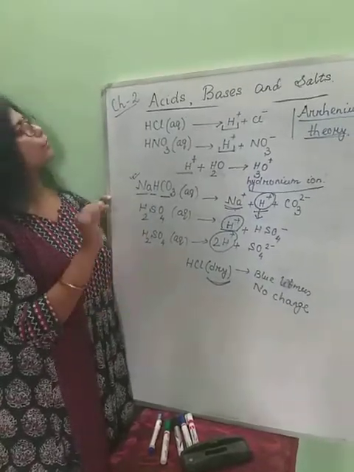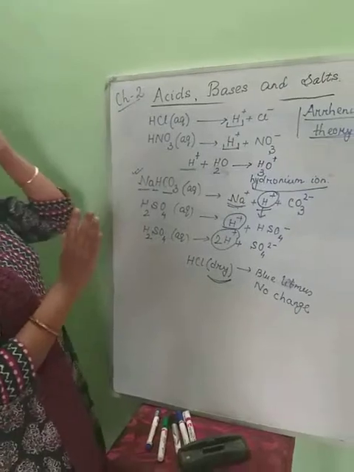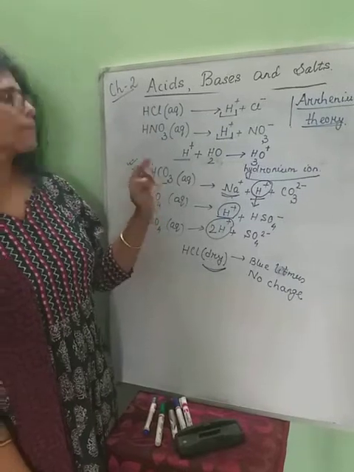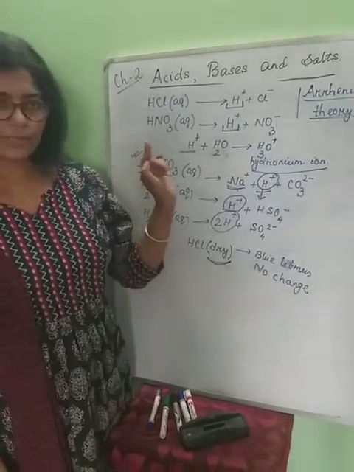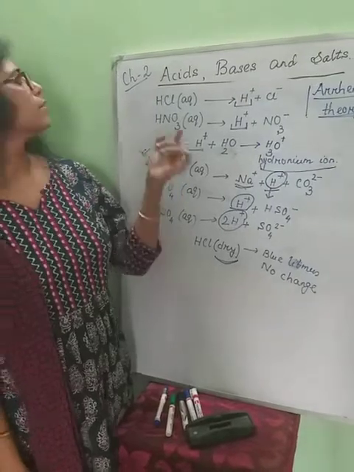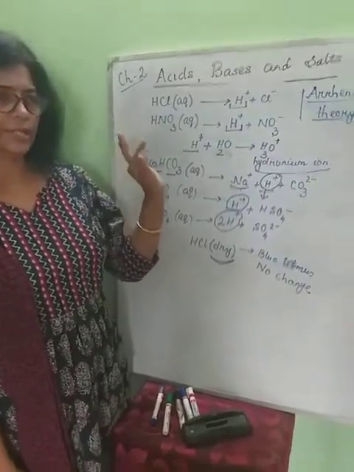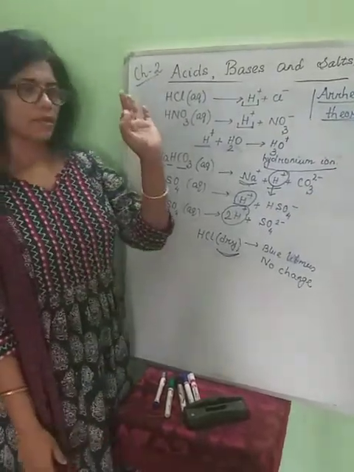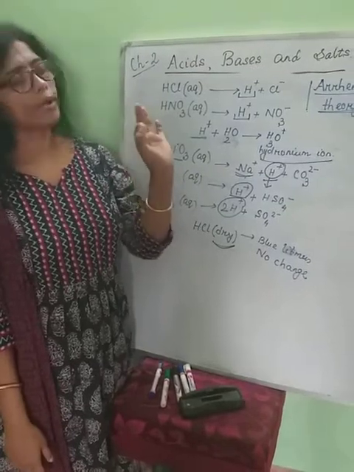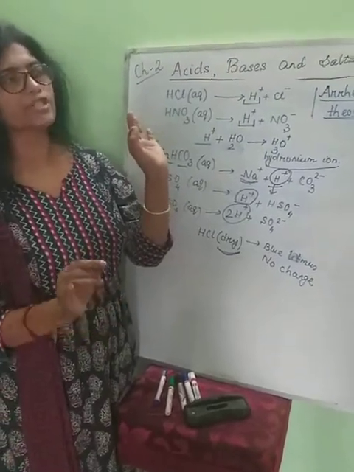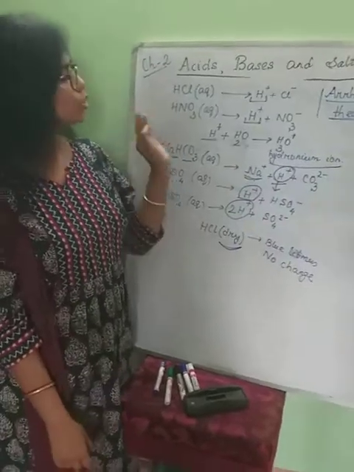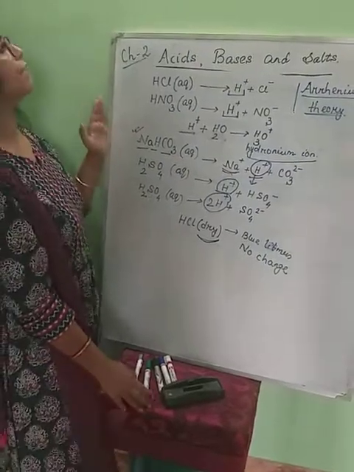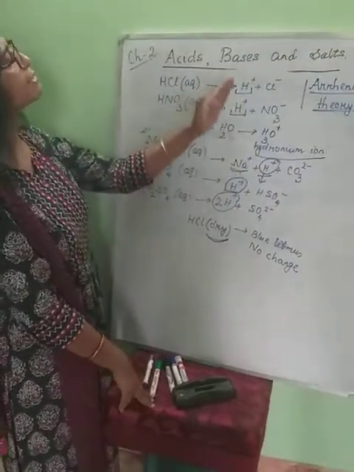So finally we got the points. Let's summarize. Acids have the property of sharp taste, corrosive nature, turn blue litmus red in presence of moisture or water, turn the orange color of methyl orange indicator to pink, show no change in phenolphthalein indicator, and finally acids are hydrogen containing substances.